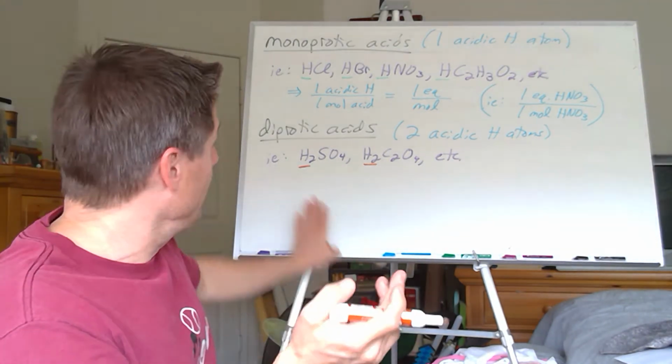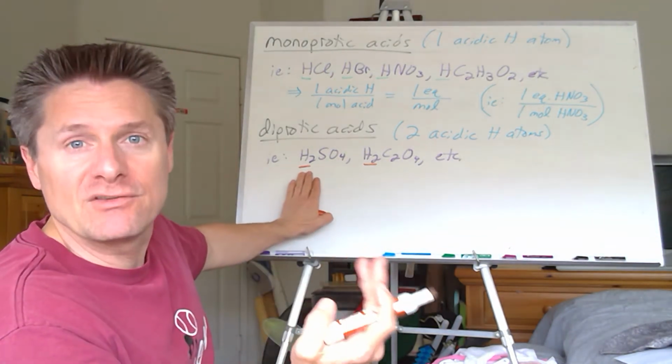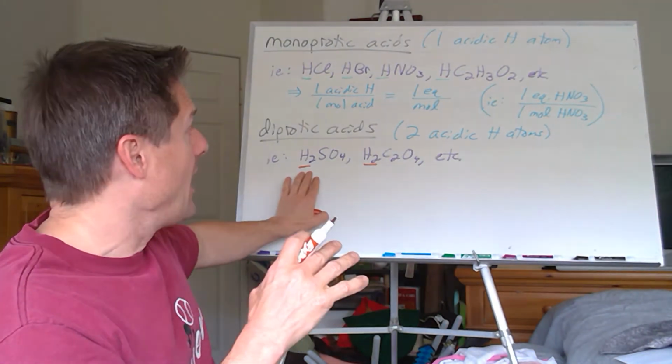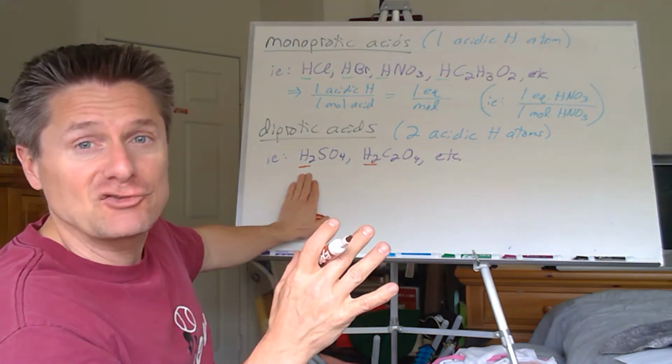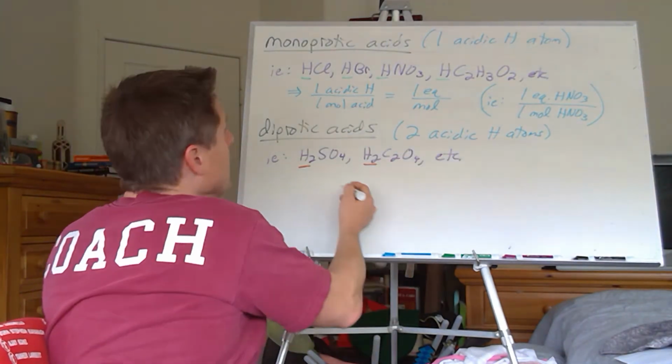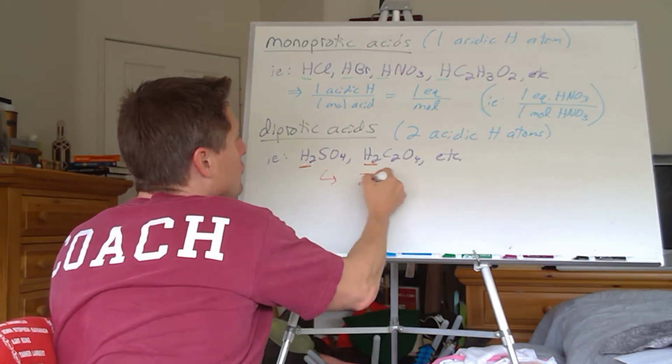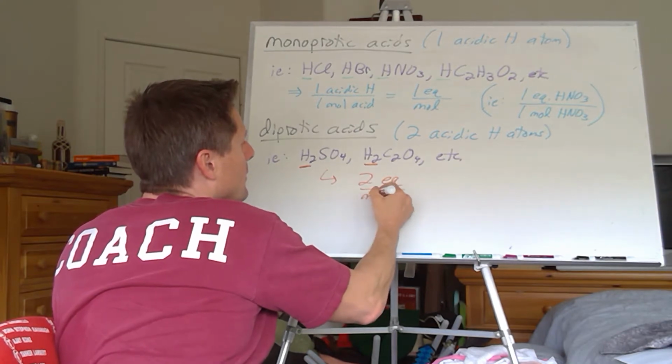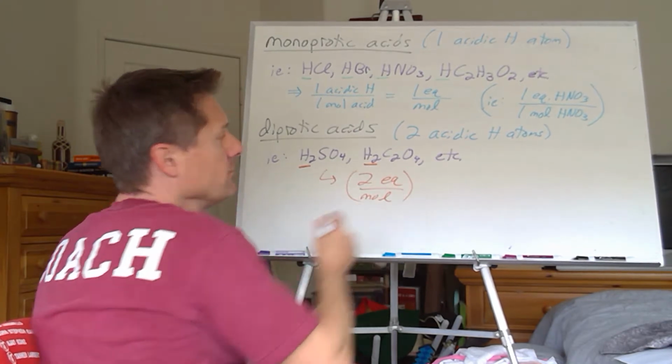If it's less than the total number, then I will give you some specific information on that. But if it doesn't state anything, just assume they all go pop, pop, and they're gone. It gives them all. Here, here, here, here. So these would be 2 equivalents per mole.